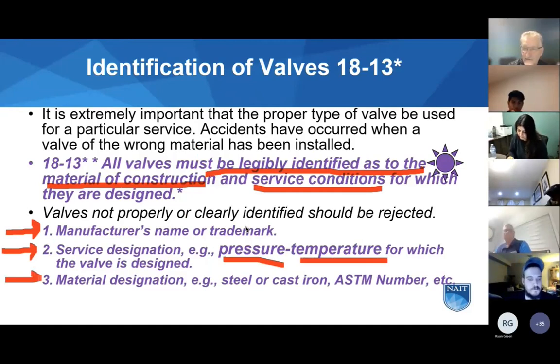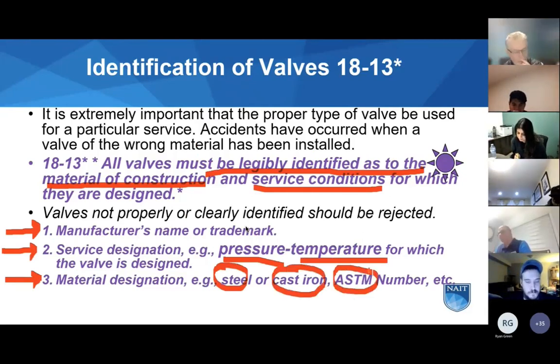Material designation means it's made of steel, or cast iron, or 104 stainless steel, or some number that indicates the material it's made of. Any questions on this one?